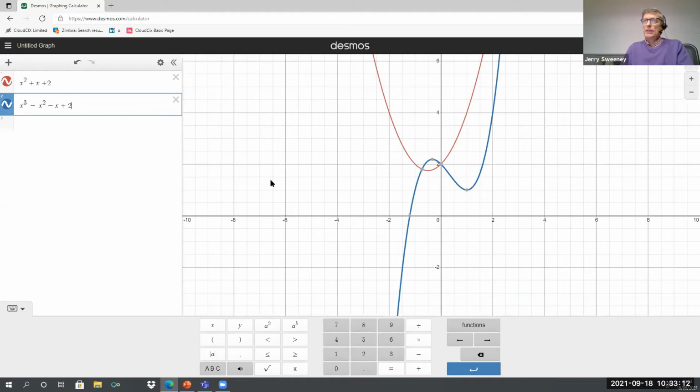The parabola that we have drawn, x squared plus x plus 2, parabolas don't necessarily have to cross the x-axis. They can cross the x-axis 0, once, or twice, or I suppose it's more accurate to say, sorry, if the roots are equal, then they touch the x-axis.